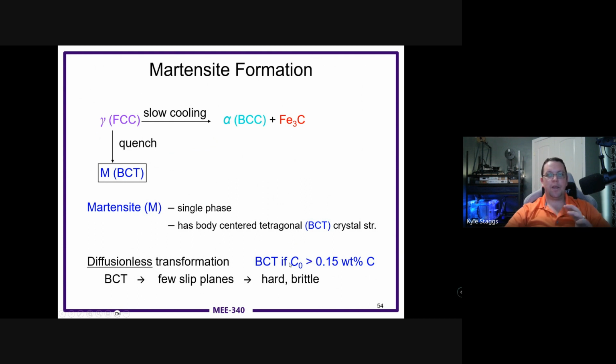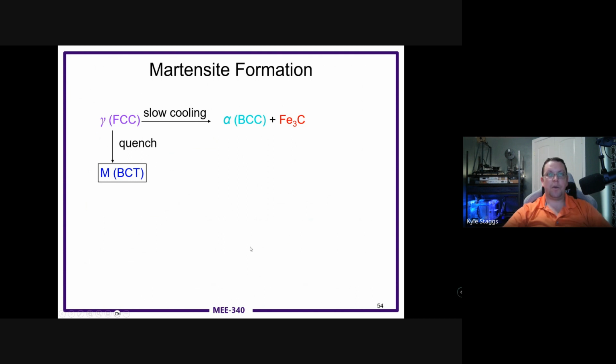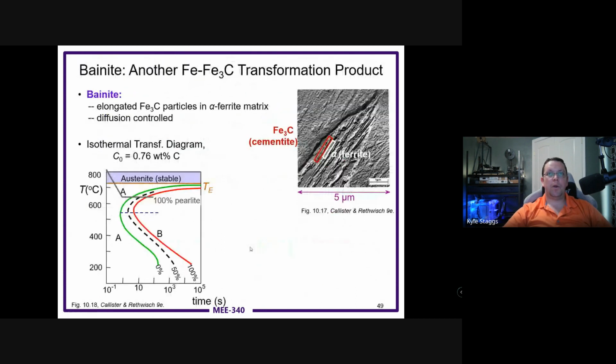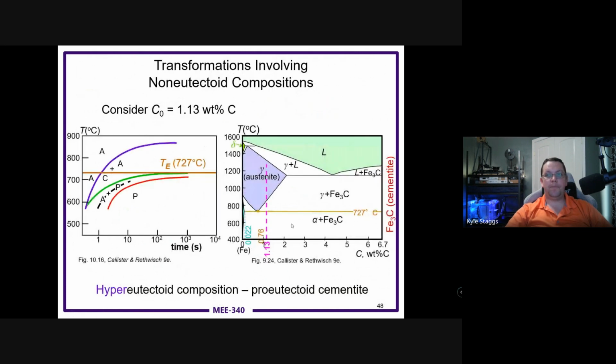So the diffusionless transformation that happens is because, it's a thing that happens, but that particular crystalline structure is only available to the material as an end state if you're above about this 0.15 weight percent carbon. So again, thinking all the way back to where we are on the diagram, it has to be above really this lower range where we consider it to be steel.